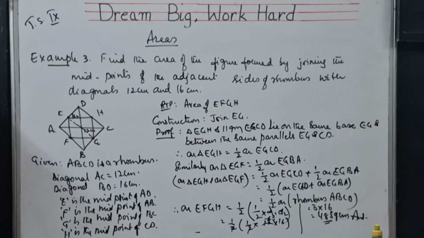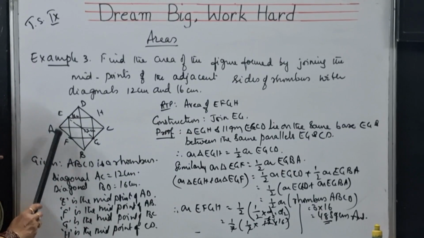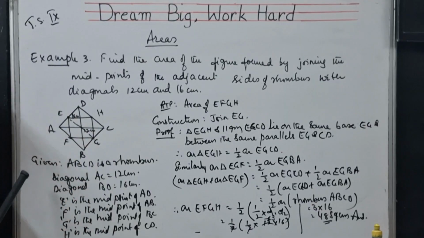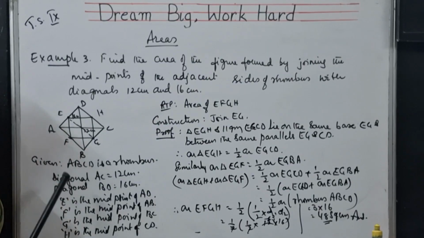So once again, the question here is you have to find out area of the figure formed by joining the midpoints of adjacent sides of a rhombus. And the rhombus diagonals are 12 centimeters and 16 centimeters they have given. So we have got ABCD as a rhombus.